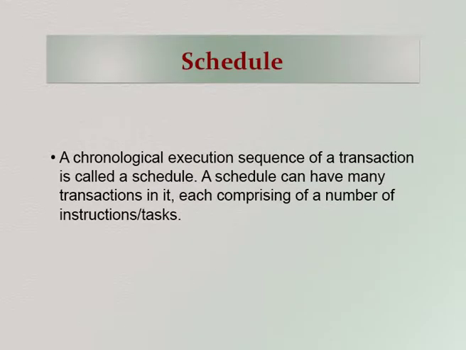Then let us see how these transactions happen. A kind of schedule will be maintained. Suppose it is a single user system, then a chronological execution sequence of transactions will be happening, and that kind of sequential execution style is called scheduling. A schedule can have many transactions in it, each comprising a number of instructions or tasks.